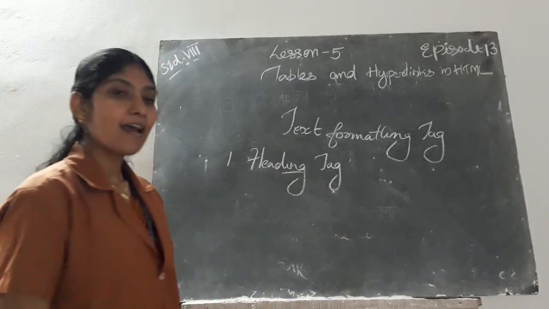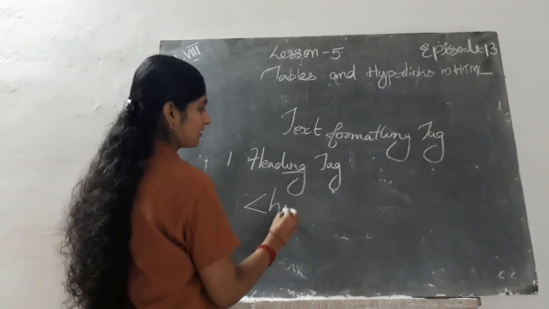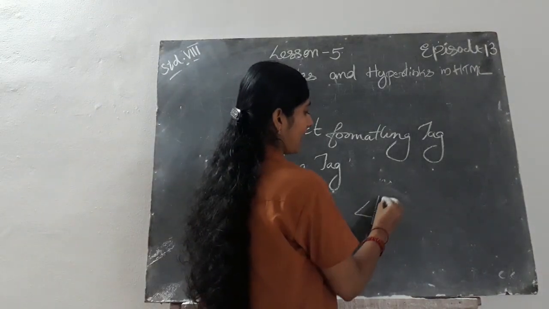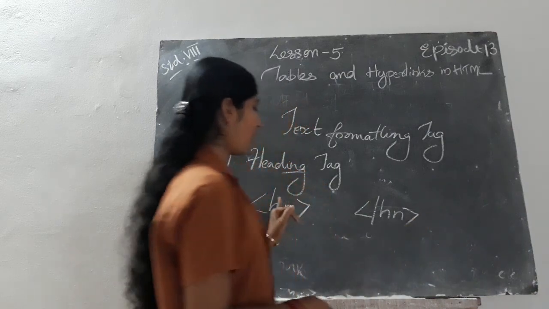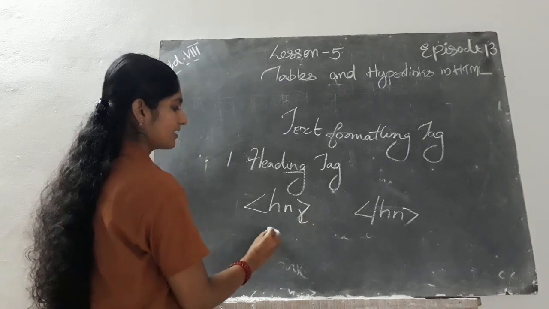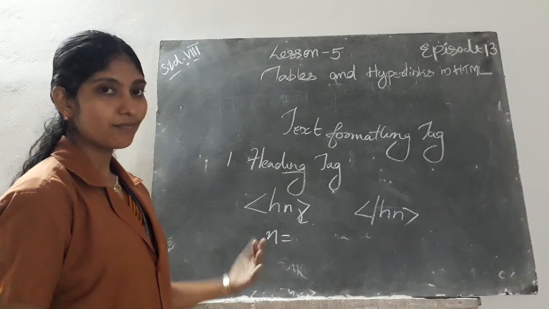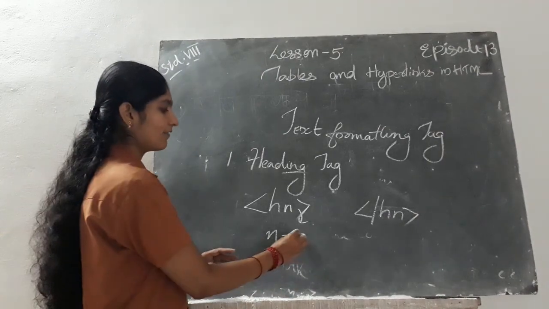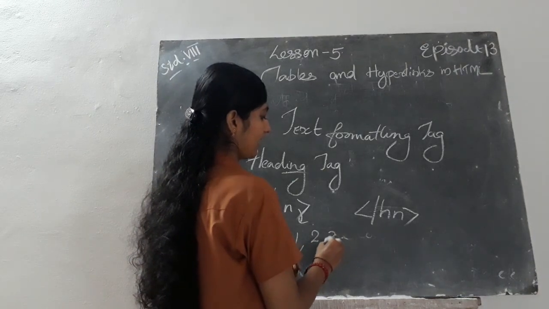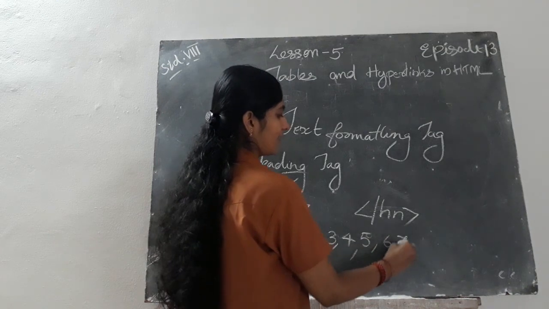So the heading tag can be represented using HN. This is the open head tag and closed head tag. N represents the size of that tag. For example, we can set N equal to 1, 2, 3, 4, 5, 6, 7.